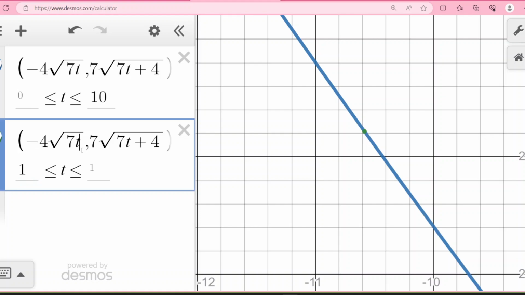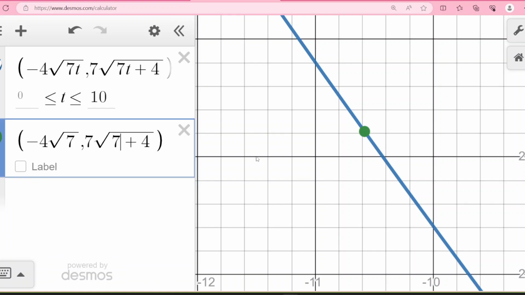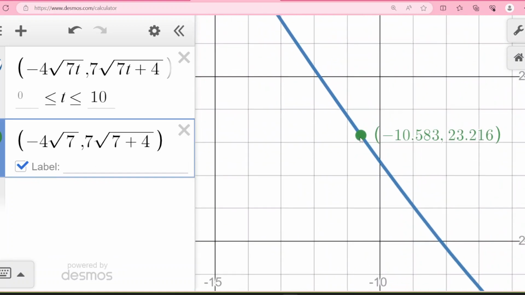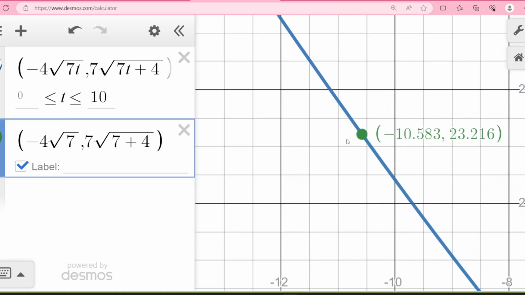Now, of course, I could go through here and just replace all the t's with 1, so that'd be 7 there, and then this would be 7 here, and there you go. I'll label it. There's the point when t equals 1. Now you can see zooming in that, the tangent line to this curve is going to have a negative slope. This is a negative slope tangent. So when I find the value of the derivative here, it should be negative. All right, it should be negative.